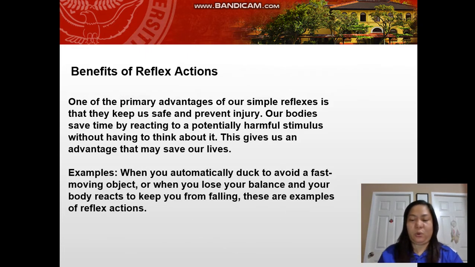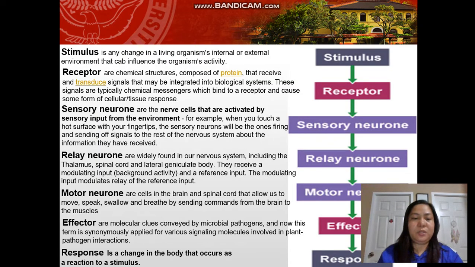Next is the effector. Effectors are modulator cues conveyed by microbial pathogens, and now this term is synonymously applied for various signaling molecules involved in plant-pathogen interactions. The last one is the response.